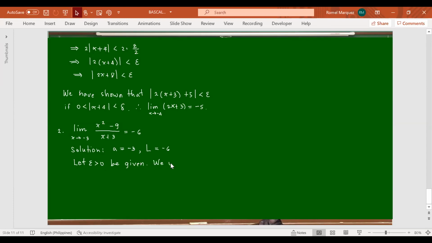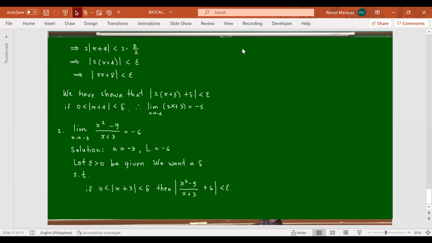We want a delta such that if 0 is less than absolute value of x minus a, that is x plus 3, because a is negative 3, less than delta, then this difference, take the absolute value, of x squared minus 9 all over x plus 3 minus negative 6, so plus 6, is less than epsilon. Okay?